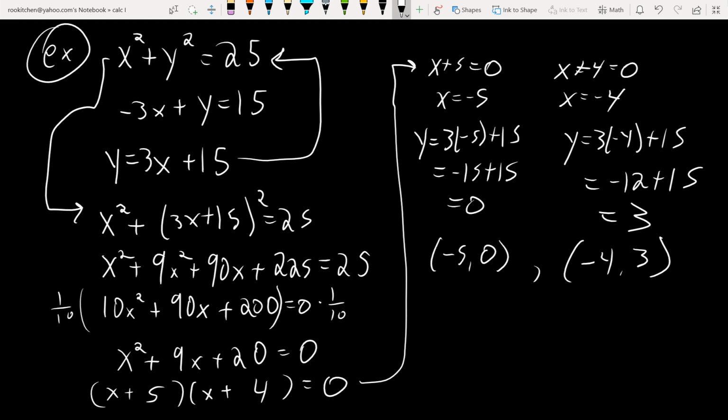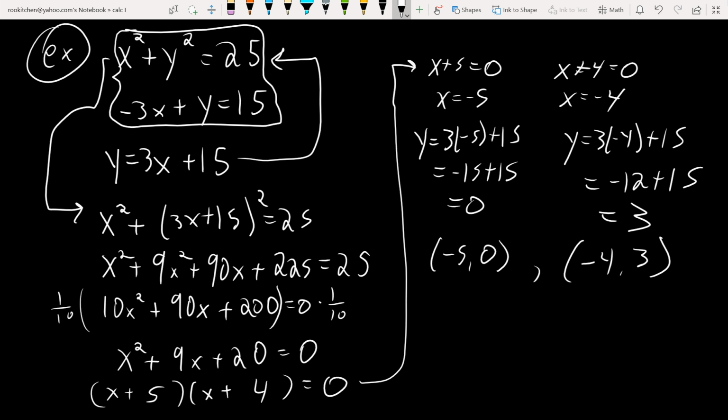I like to check my answers when it goes nonlinear, just in case I did something crazy I wasn't aware of. So negative 5, 0, does it work in both of these equations right here? So negative 5 squared is 25 plus 0 squared is 25.